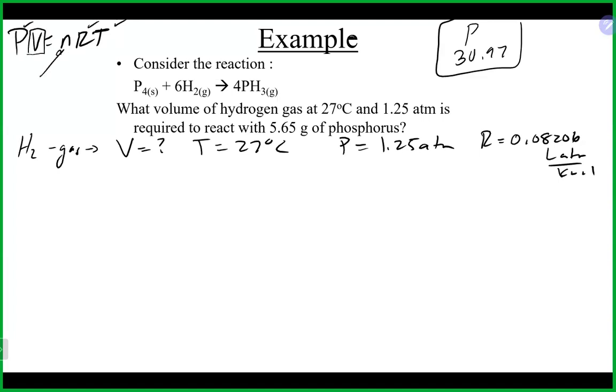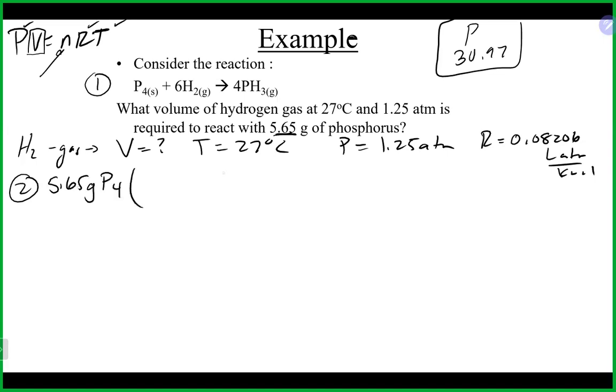That once again leaves us with needing the moles here of our hydrogen gas. We can get there by doing stoichiometry because we do know the amount of phosphorus we're going to put in there. So following our stoichiometry steps here, step number 1, we have an equation that's balanced. Step number 2, we do need to convert what they gave us into moles.